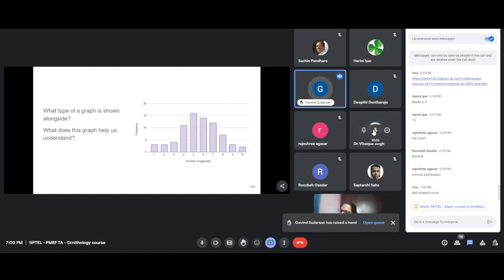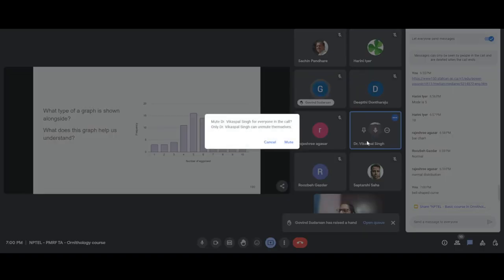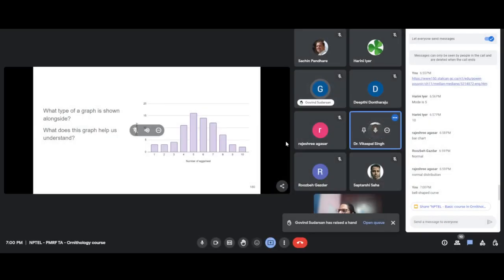Ma'am, what do you mean by a bell-shaped curve? What do you mean by normal distribution? Is that what you asked? Normal, yeah, normal. One second, let me just mute because I'm unable to mute. Okay. Yeah. I don't know who is unmuting, or why this is echoing.